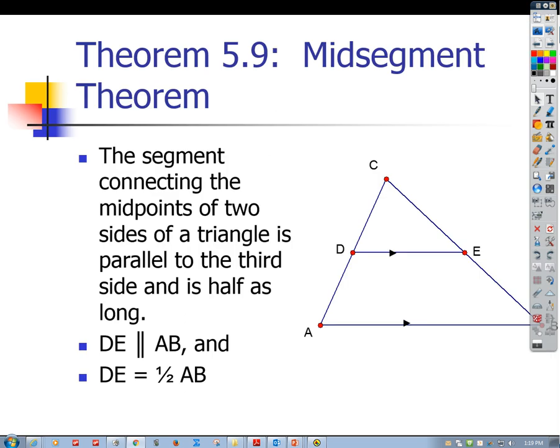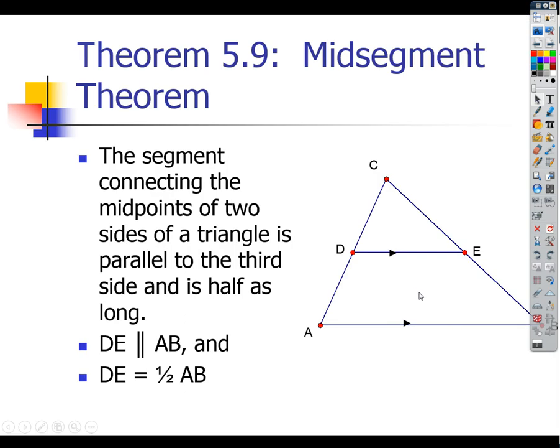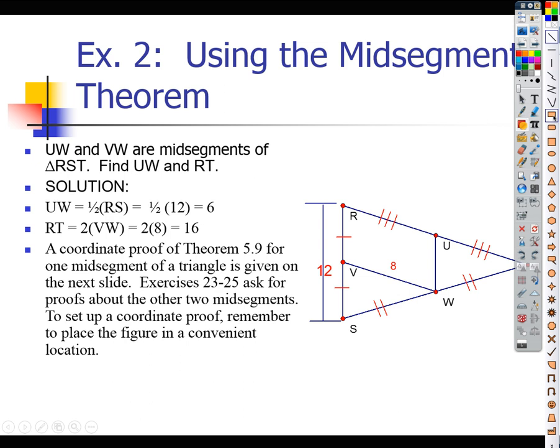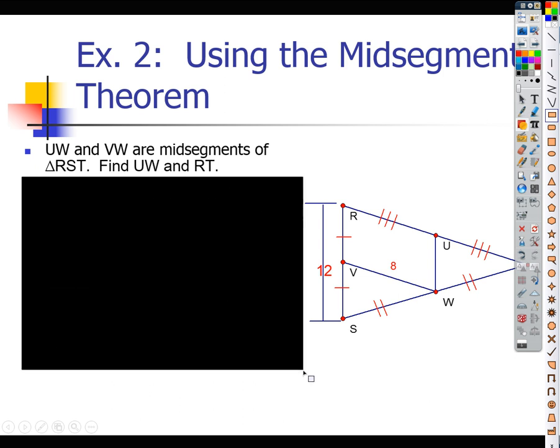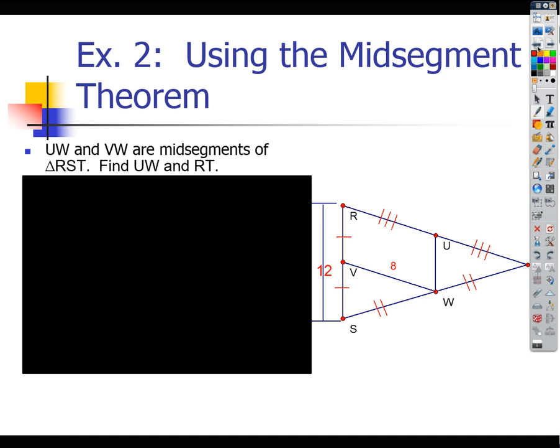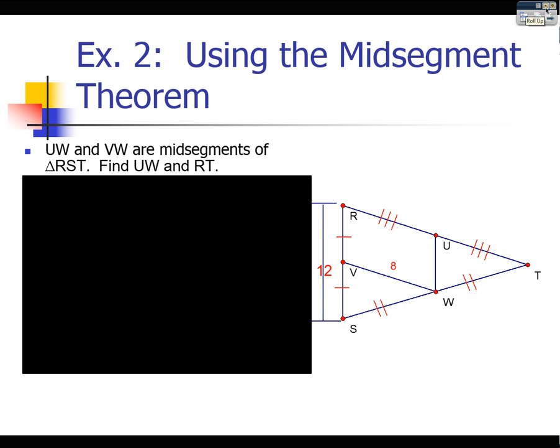What can we do with that? Let's try this. Okay, so we're told here, segment UW and segment VW are mid-segments of triangle RST.